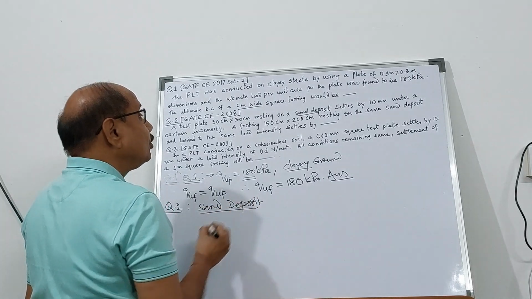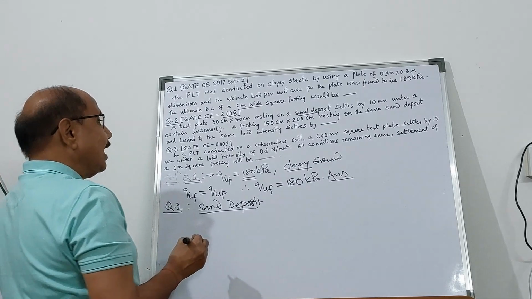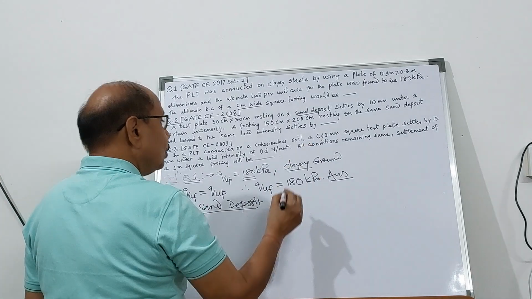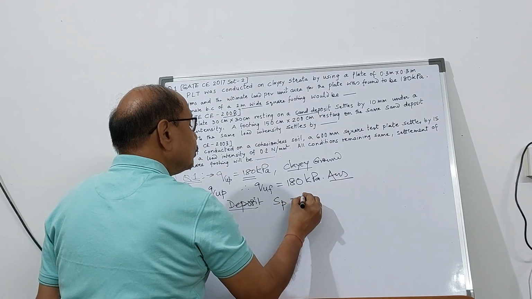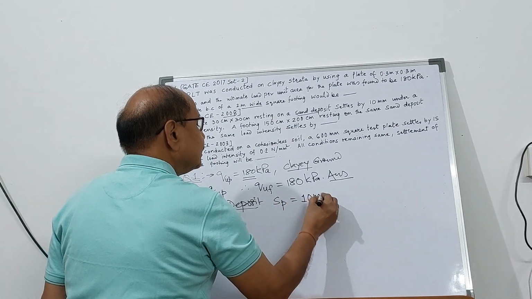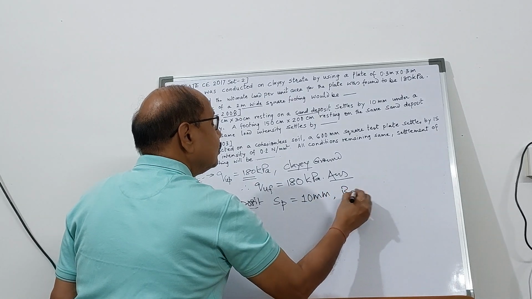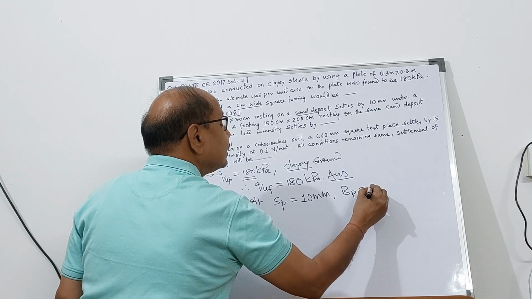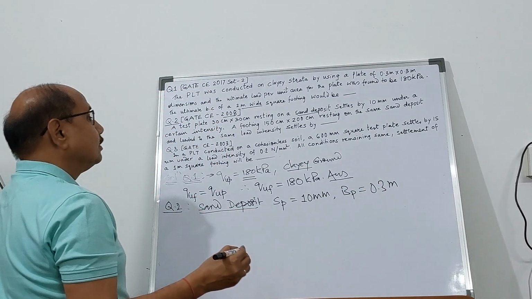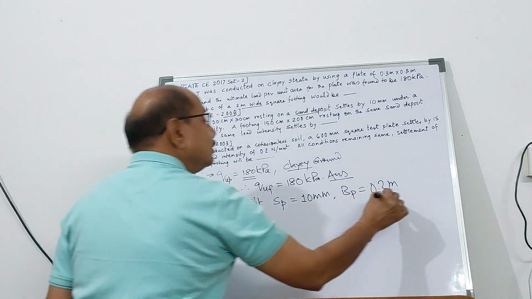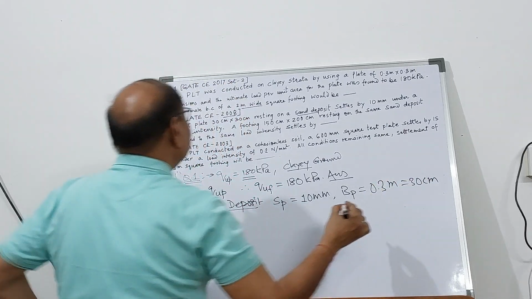Settles 10 mm. So the settlement of the plate is going to be 10 mm, and the width of the plate is given as 0.3 meter or 30 centimeter. That's given.